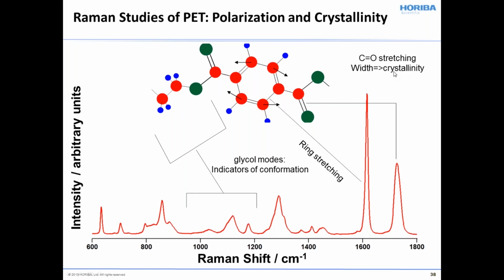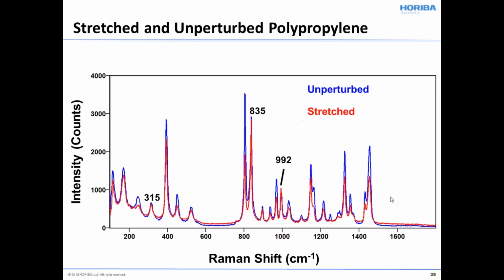So the more crystalline the PET, the narrower this band is. And so for many years now, people have used Raman spectroscopy, where X-ray diffraction might not have been convenient, to characterize the degree of order or even crystallinity in PET just by the well-characterized carbonyl stretching band that you see at around, let's say, 1730 wave numbers or so.